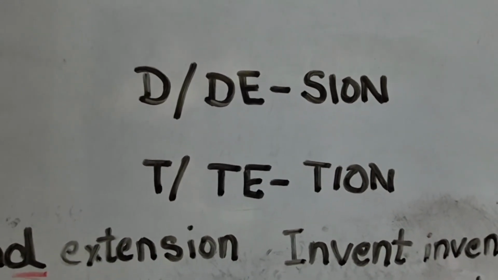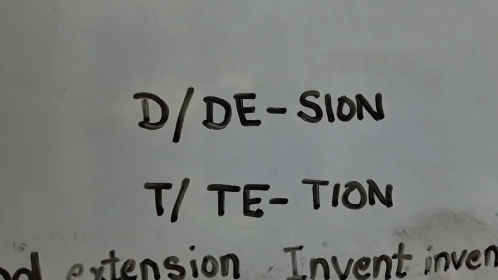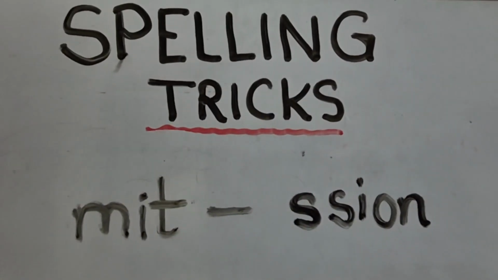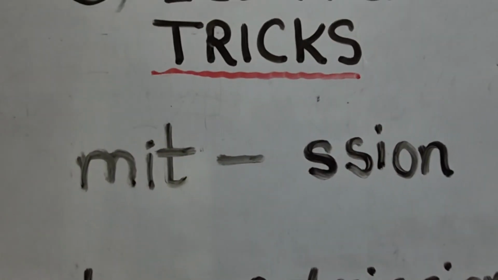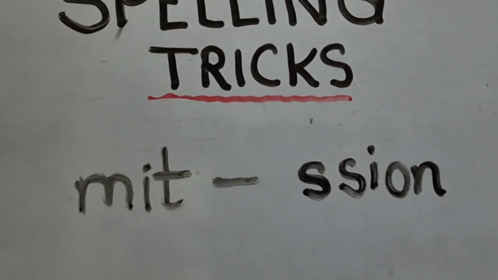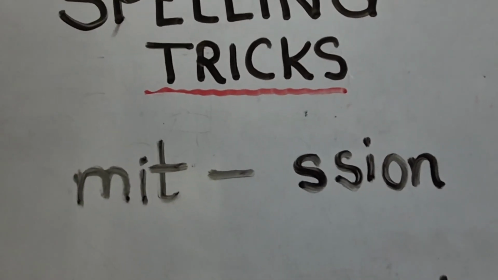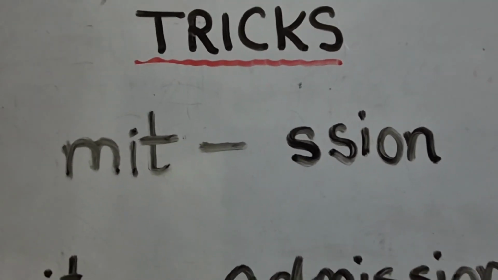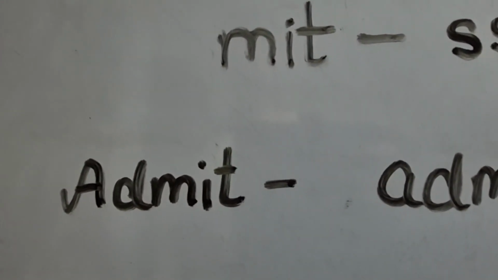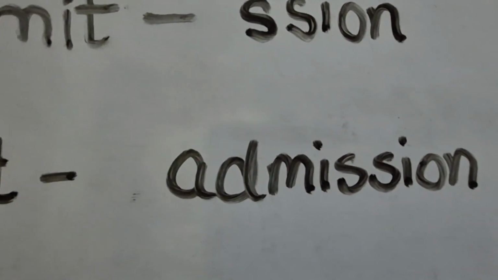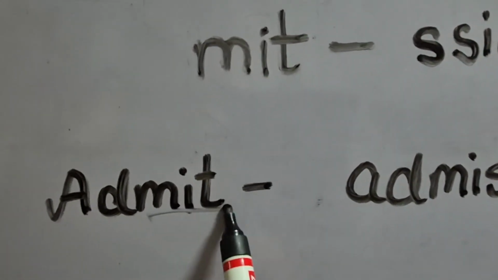That is the way. But there is one more example which I would like to share with you. Now for a special case, if the word ends with MIT, okay, we usually change it to double SION. Remove T and add SSION. Let's see one example. The word is admit. It will become ending with MIT, M-I-T, right?